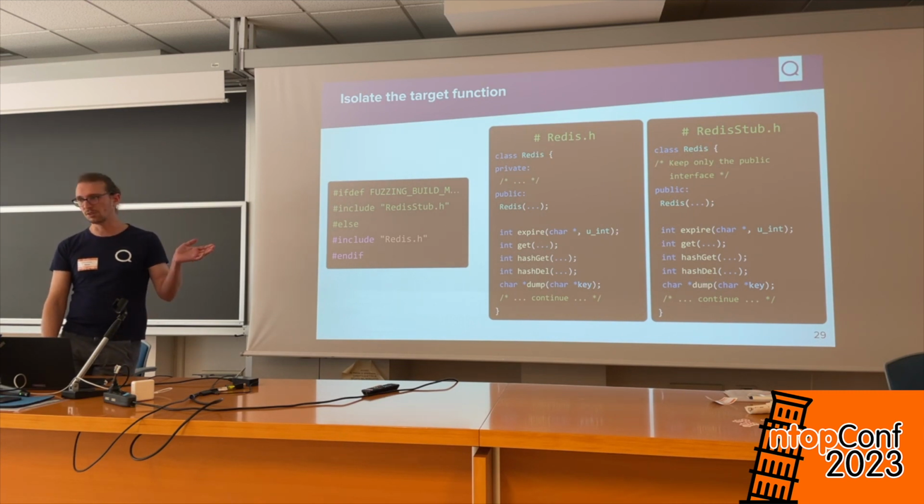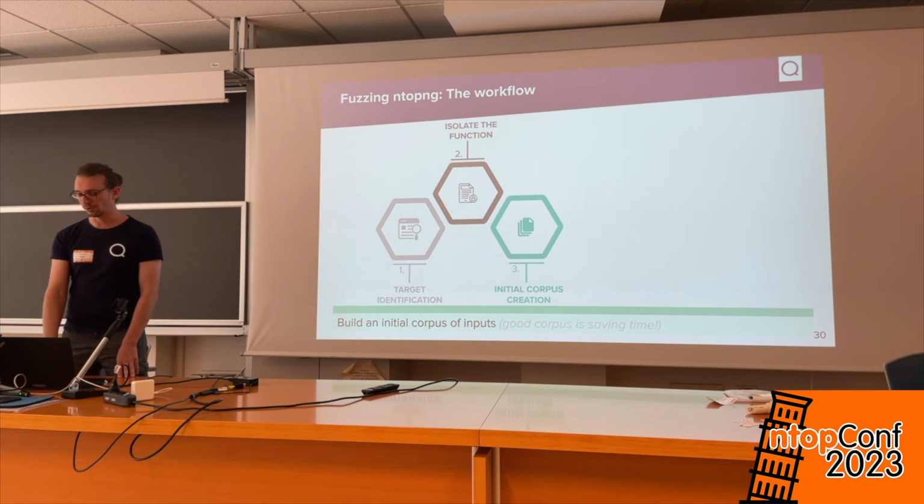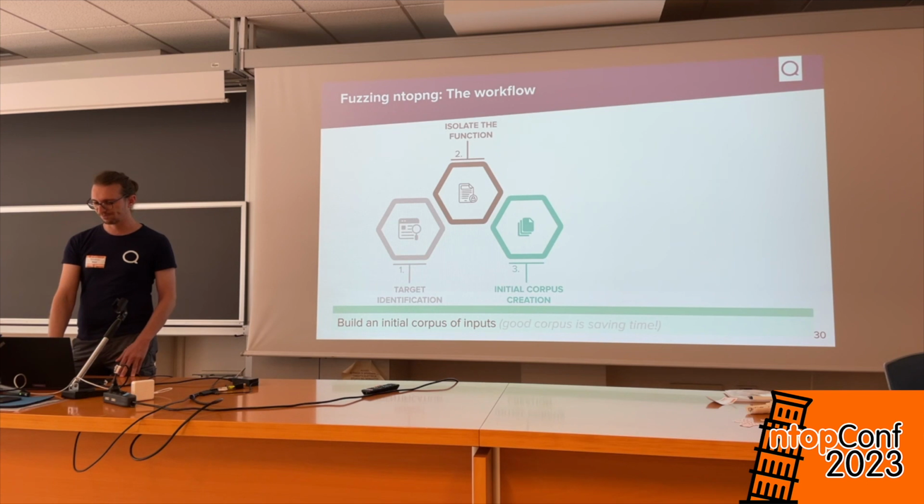We just copied all the API from Redis page, and we just removed the implementation. We just recreated it. In the end, it was a very efficient way of decoupling from Redis, and it was way faster than patching every API call.